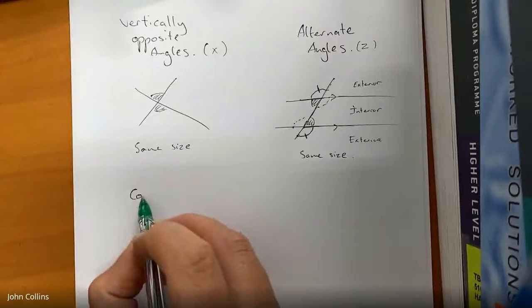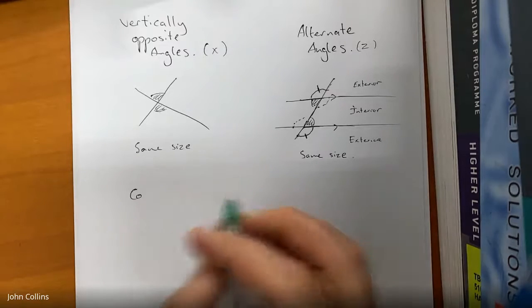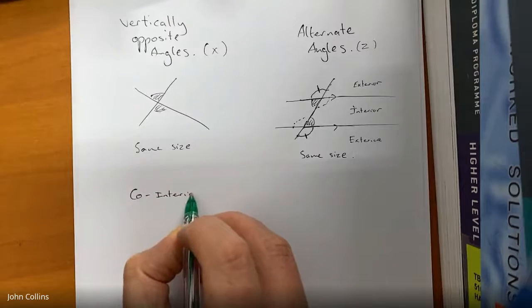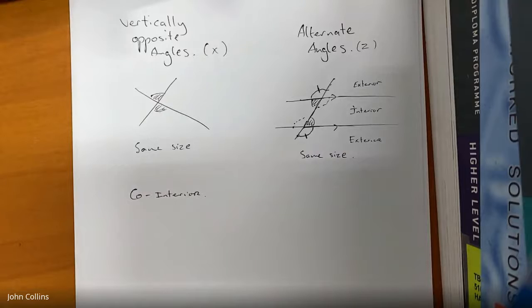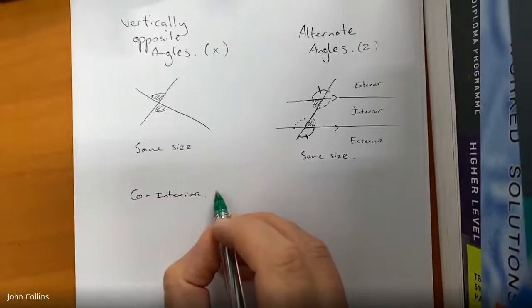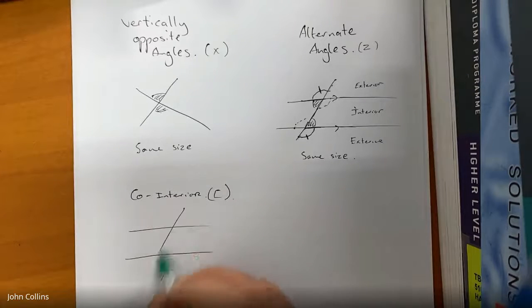Another one we were looking at is co-interior angles. That's, you're looking for the letter C there. So this once again, we draw a little sketch. So you're looking for, they're on the same side.